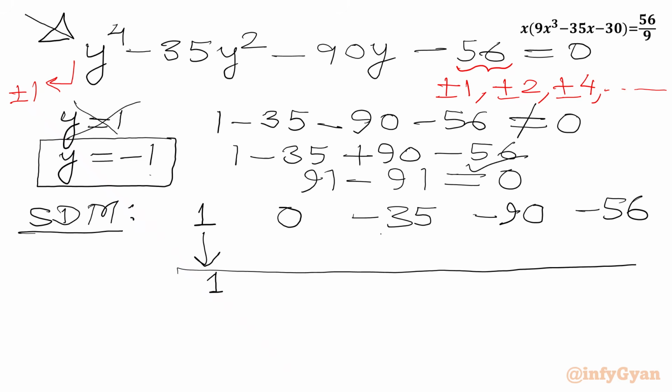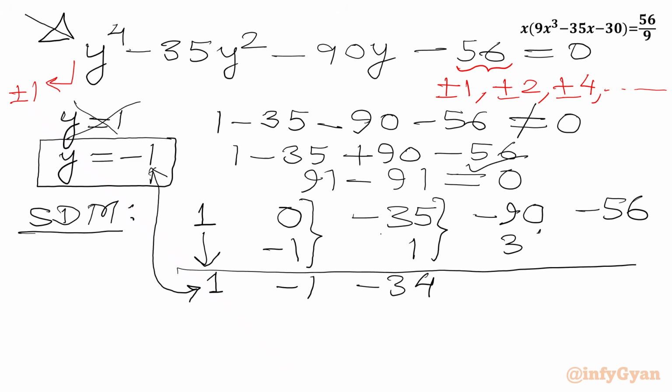Now we have to multiply our base solution with this leading coefficient. So minus 1 times plus 1 will be minus 1. We'll write over here. Then we have to add these two numbers. We will get minus 1. Now minus 1 times minus 1 is plus 1. We'll add these two numbers and write over here minus 34. Minus 1 times minus 34 will be plus 34.